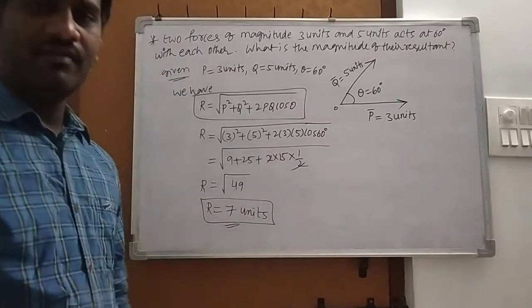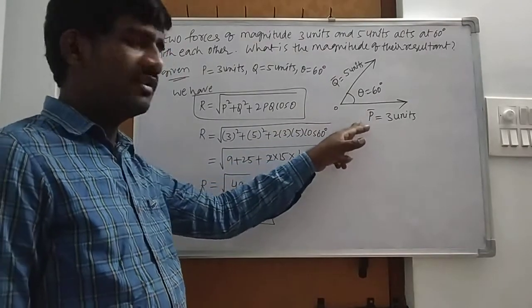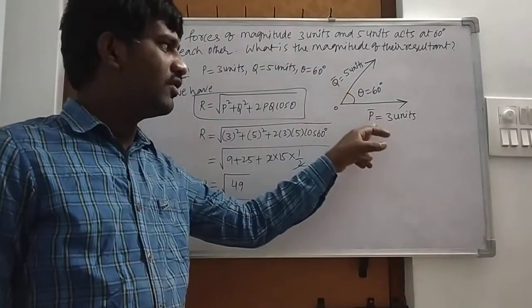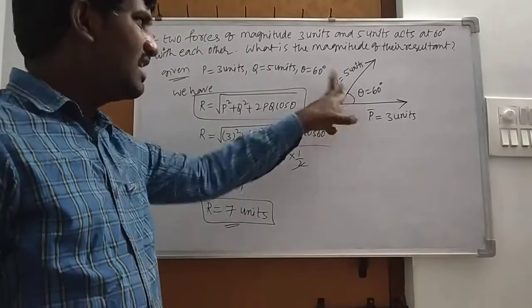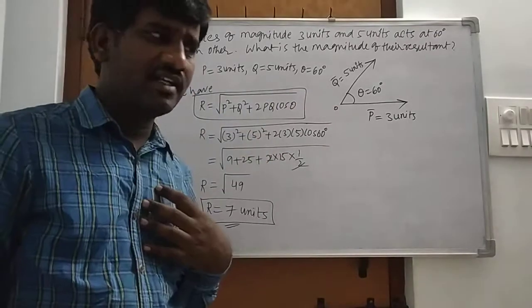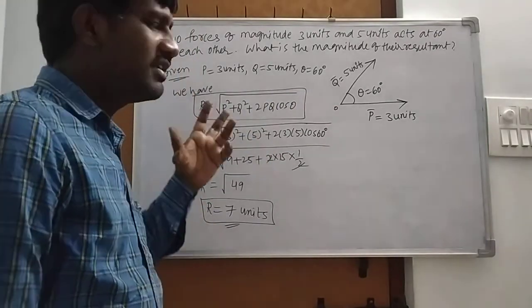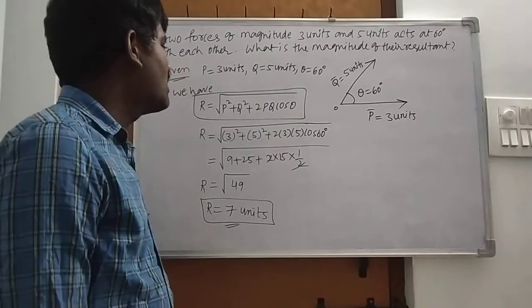Magnitude 7 units. Let the two forces be P and Q. What is P? 3 units. What is Q? 5 units. What is the angle between the two forces? Theta is equal to 60 degrees. We have to find the magnitude of the resultant vector. The resultant formula is R equals square root of P square plus Q square plus 2PQ cos theta.